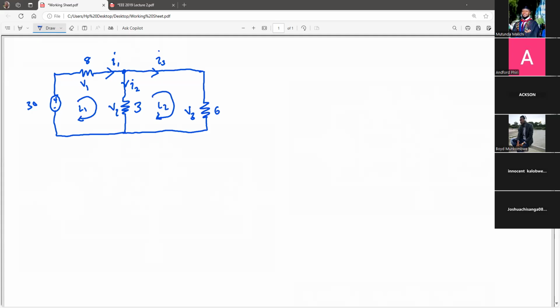The direction of the arrow is the direction that we are going to take when we are considering KVL.